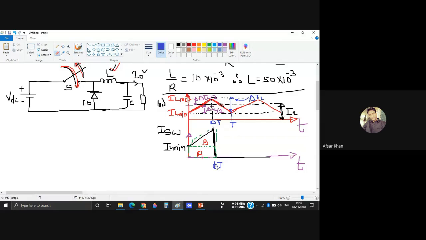Students, duty cycle into T means this is your conduction period, the on time. DT is your on time. See, we are very close to the end of this problem. And this point is your total time T. And this complete value we call IL max.